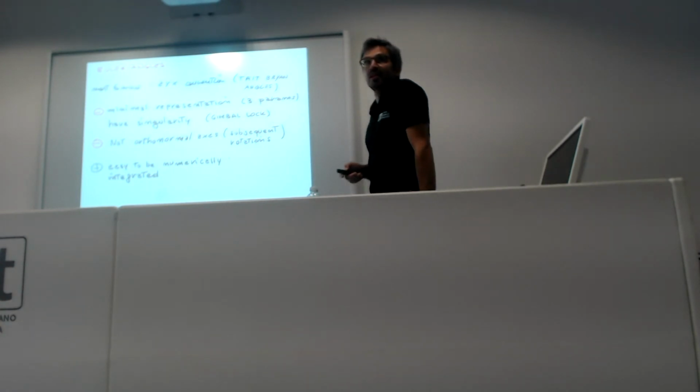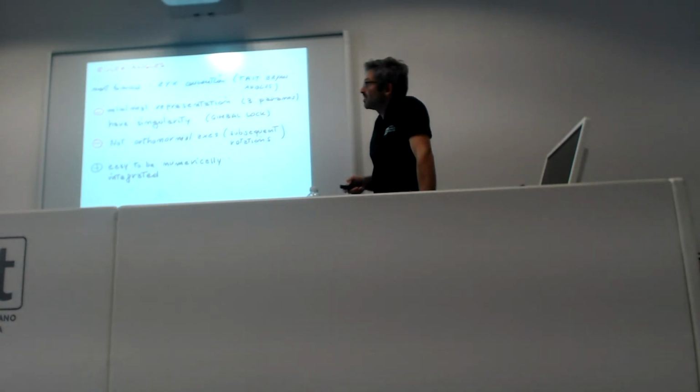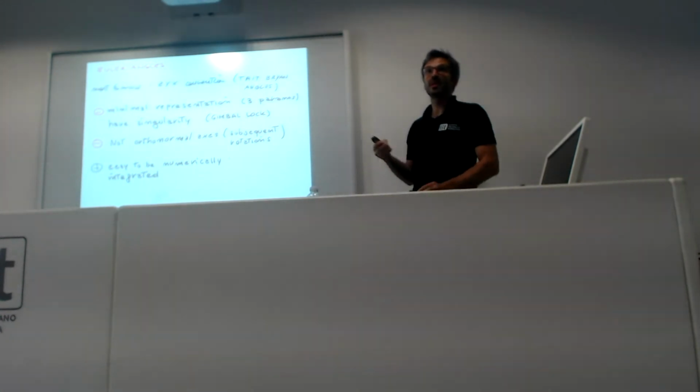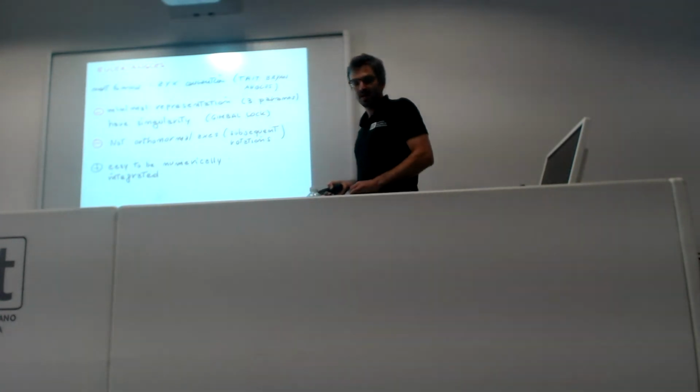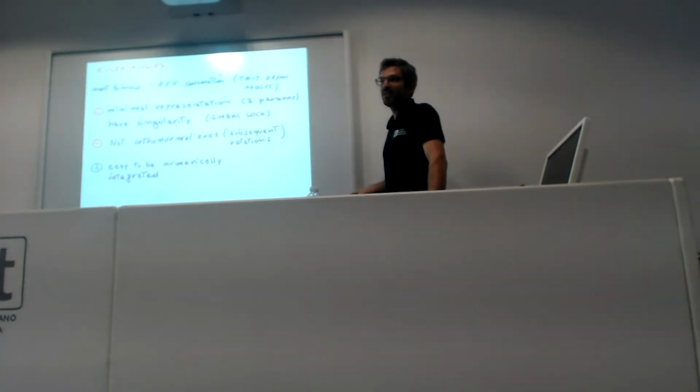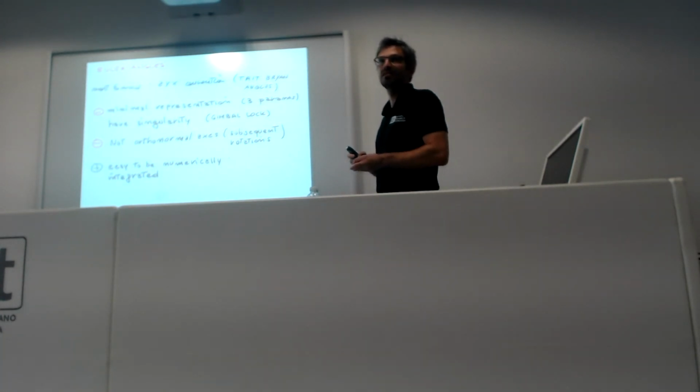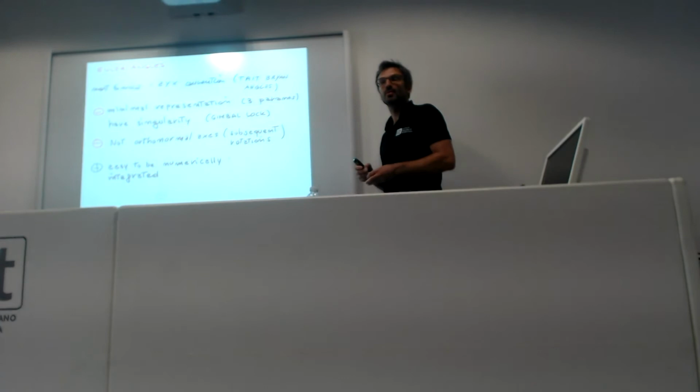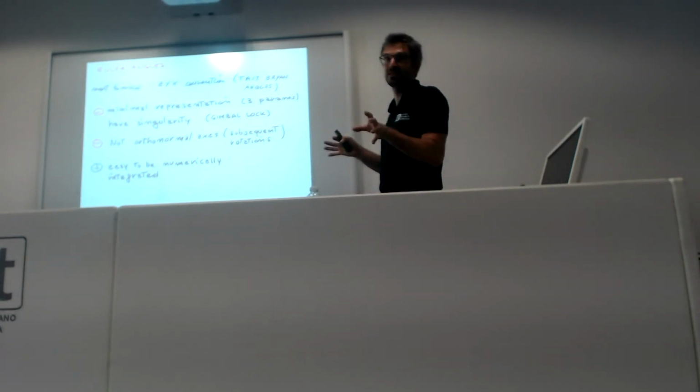But the good thing is that they are easy to integrate. So if you do your optimization and parameterize with Euler angles, then you can integrate the derivative easily and get the orientation directly without doing strange things.